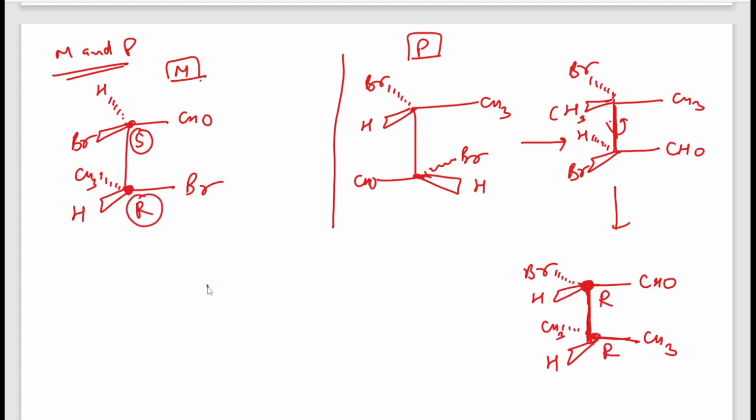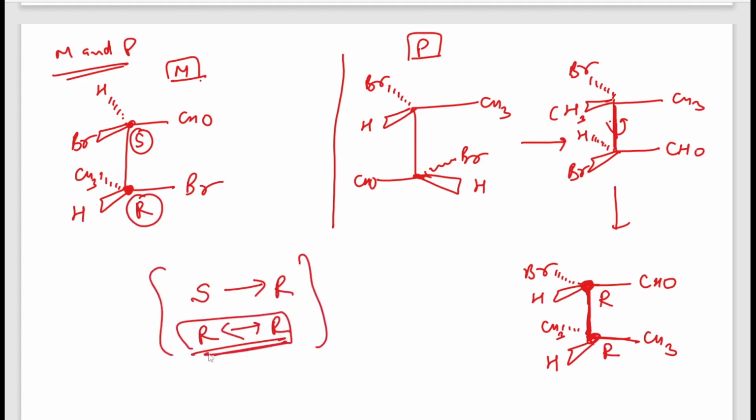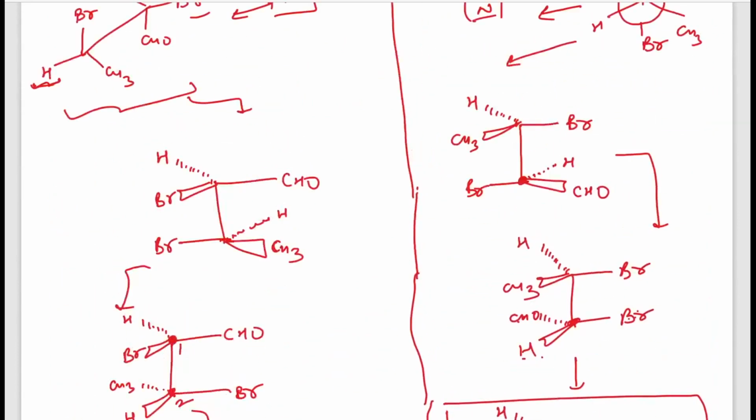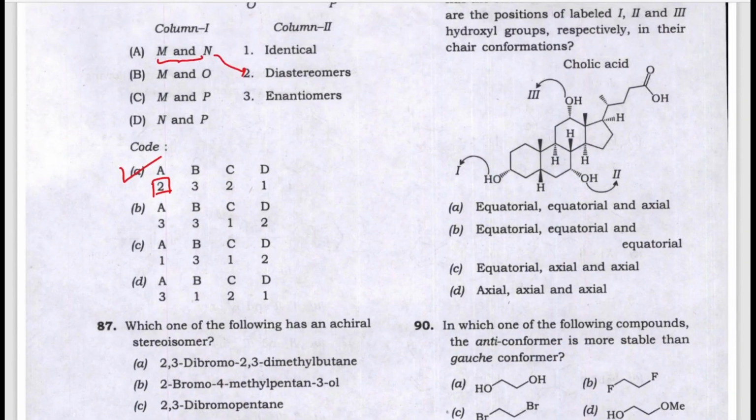It means S is converted into R, but R is the same. Okay. In both cases. So ultimately both M and P have a diastereomeric relation. So M and P are also diastereomers. Okay, M and P both are diastereomers.